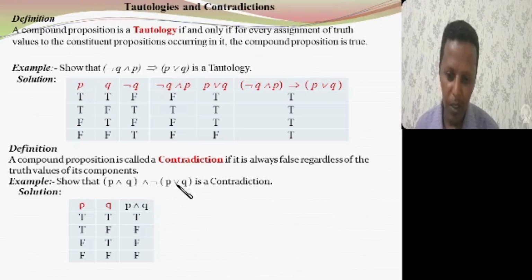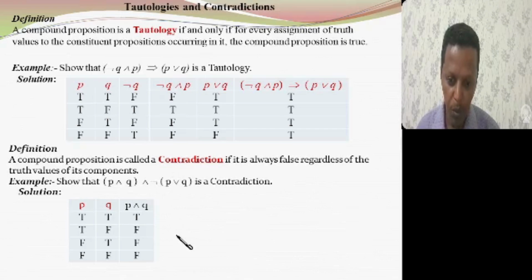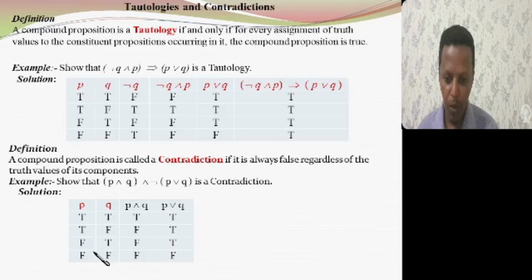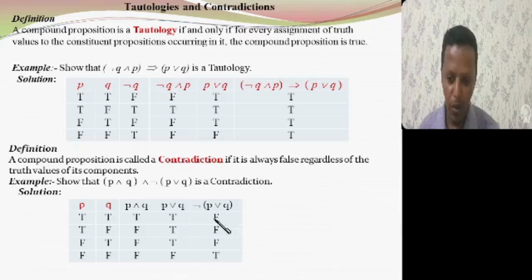Before we find the negation of P or Q, let's find the truth value of P or Q inside the bracket. P or Q, when both are false, it is false, otherwise it is true. So the negation of P or Q is the opposite of the previous column.